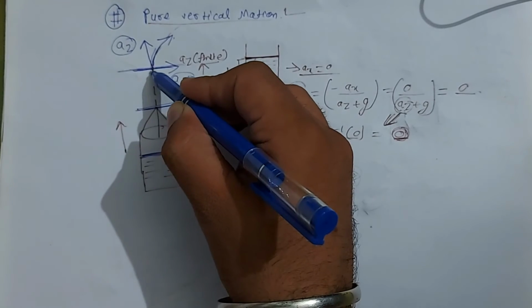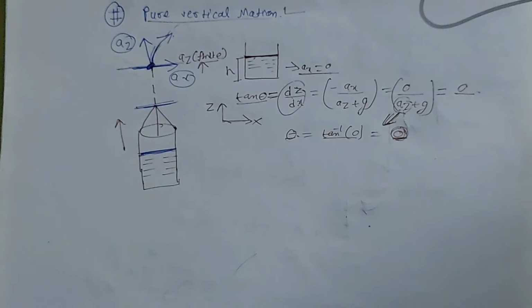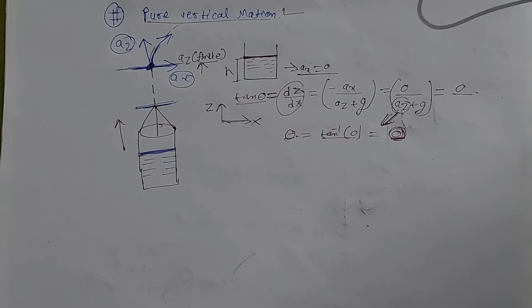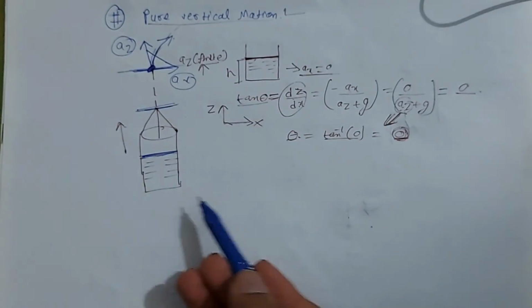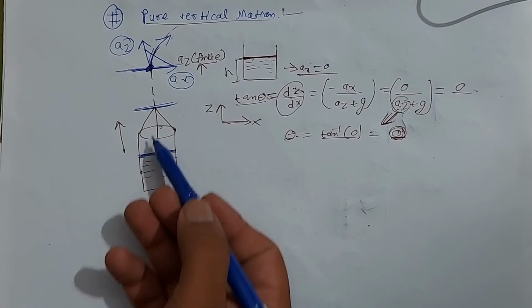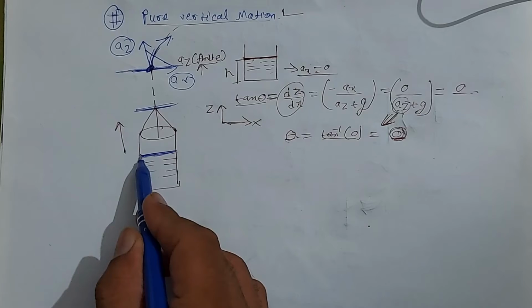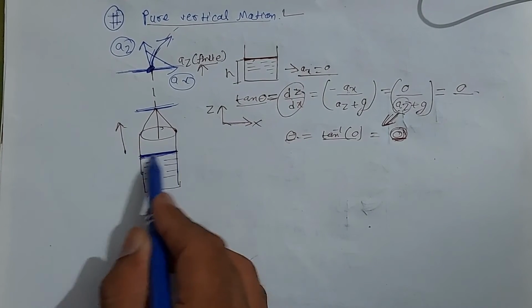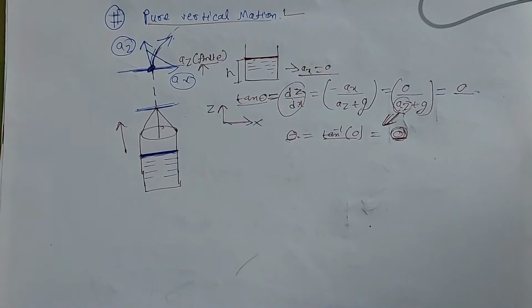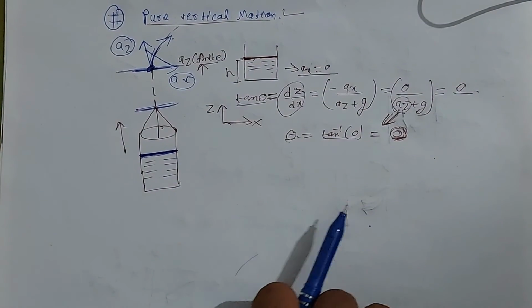So when the rocket is at this point, again the free surface will become inclined. But when the rocket is initially starting and it is only doing vertical motion, then the surface of the liquid fuel in it will remain horizontal. You can comment on these things using this principle.